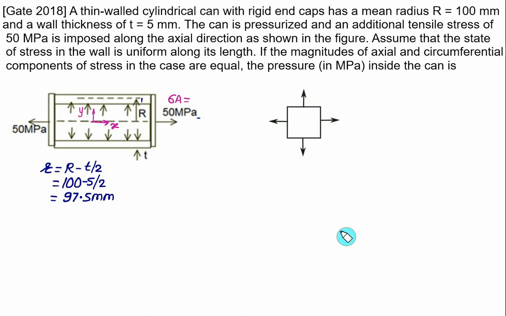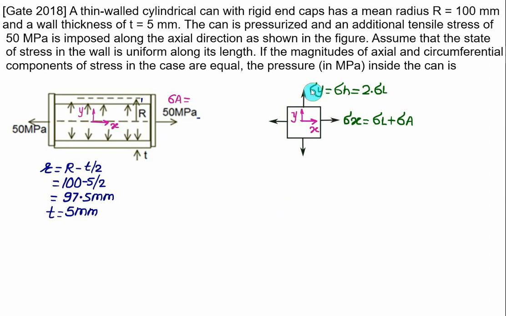So let's represent here the state of stress. Horizontal axis is our x axis, vertical axis is our y axis. In this case, we have total stress acting along the x direction, the axial stress, that is the longitudinal stress, plus we have the additional tensile stress sigma A, and along the y direction we have sigma y, equal to the hoop stress sigma h, and this sigma h is equal to 2 times sigma L, always true.